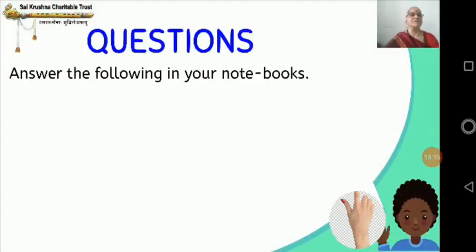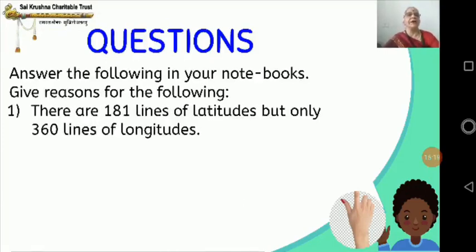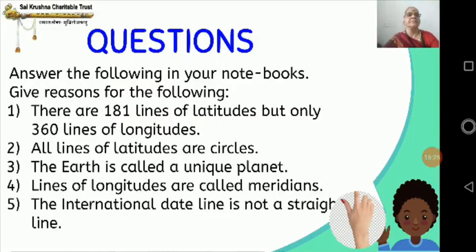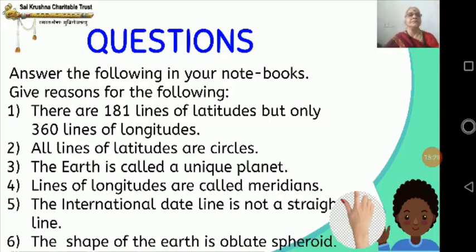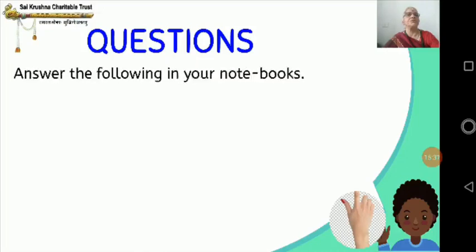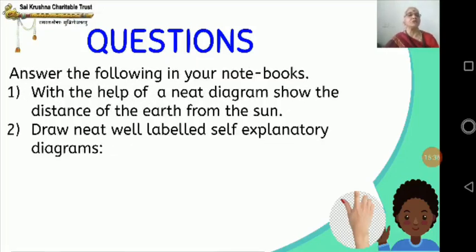One more set of questions. Give reasons for the following. There are 181, I have already done this. So repeat, children, the next one. With the help of a neat diagram, show the distance of the earth from the sun.